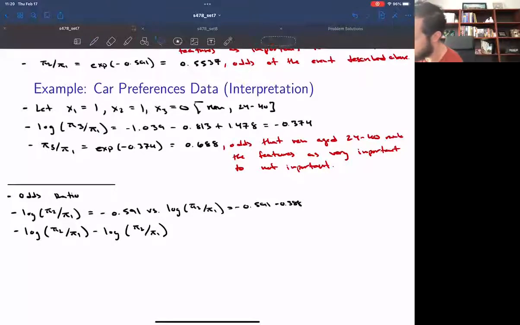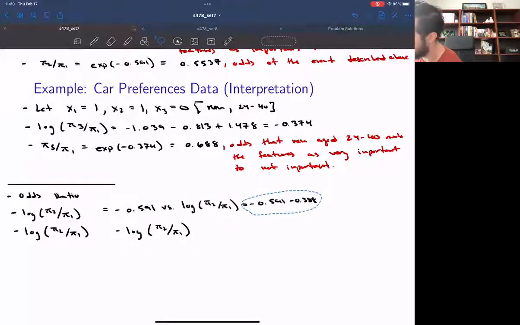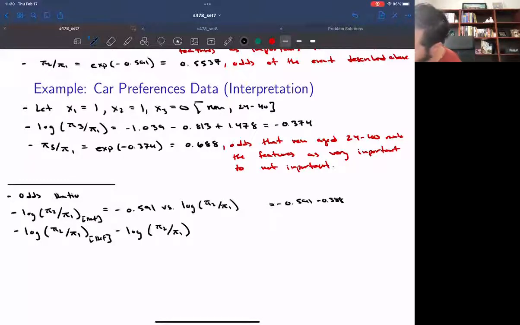I just need to indicate which groups I'm talking about so it's clear. So this will be the reference level, and then this would be when x1 equals 1. That is equal to negative 0.388.